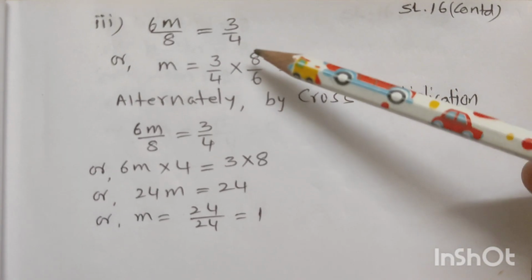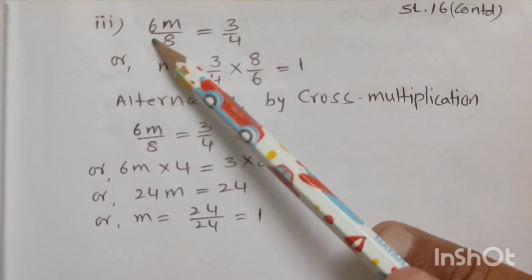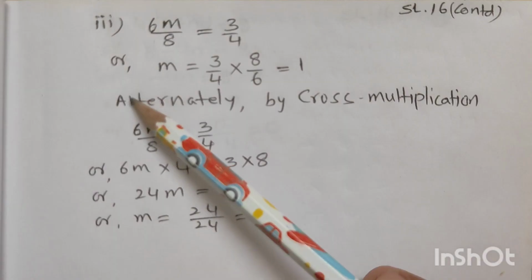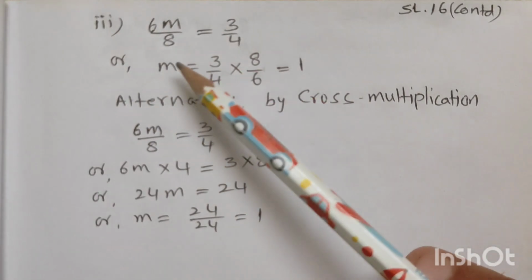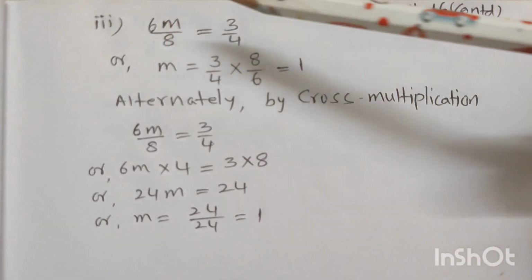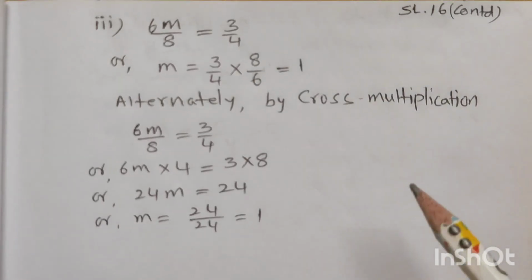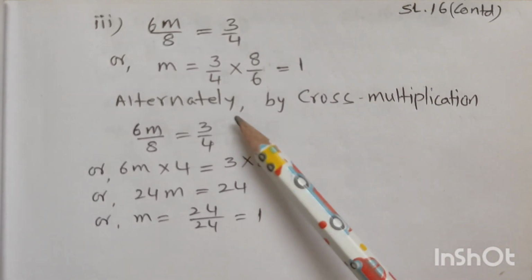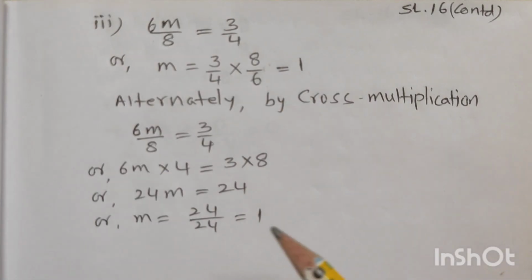This is a slightly different example. You can see 6 by 8. In the next step it has changed side and division has become multiplication and 6 has come here as division. There is an alternate process of doing such sums.